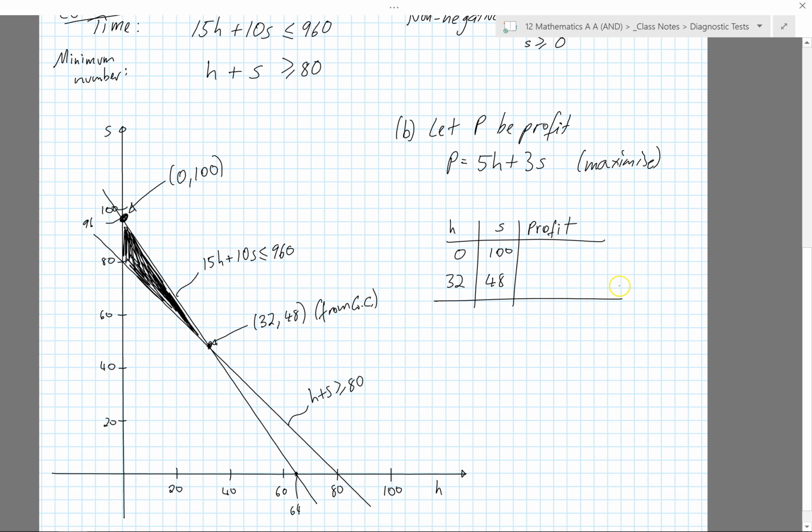So to find the maximum profit, I really just need to find which one of these 2 is going to give me the most profit. So in here, I'm putting it into this profit function. So 5 times 0 plus 3 times 100, give me a profit of 300, and then doing the same with these H and S values should give me a profit of 304.